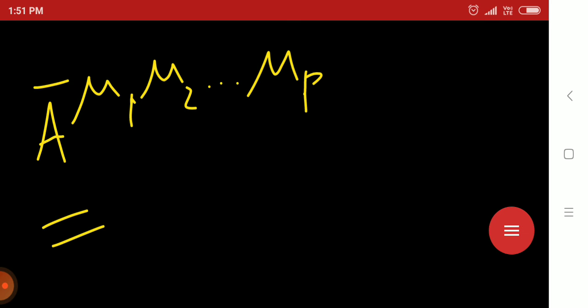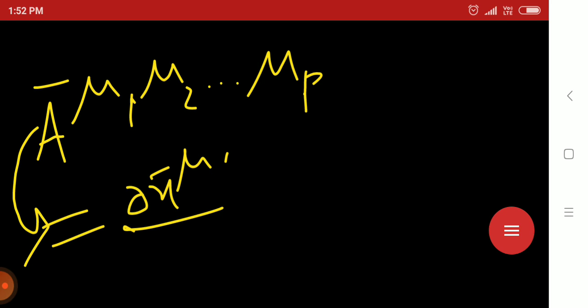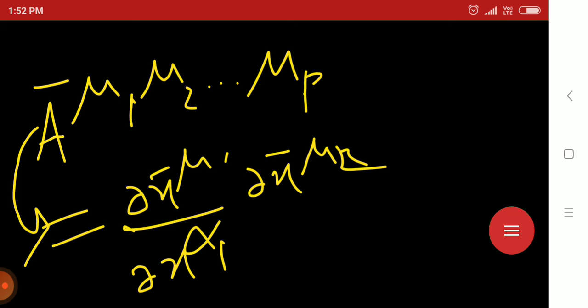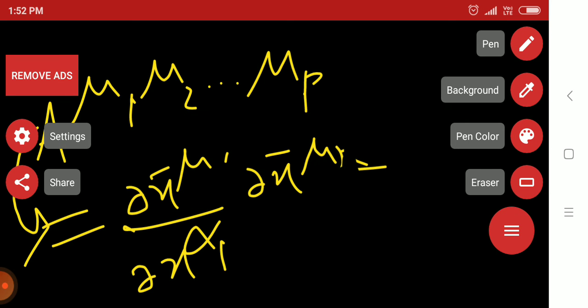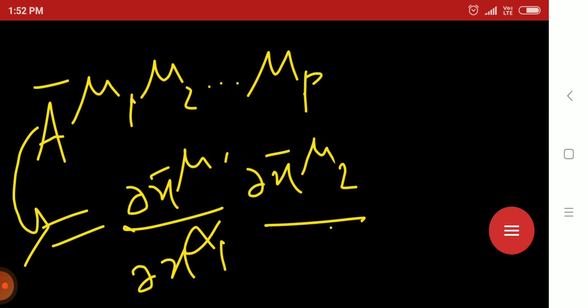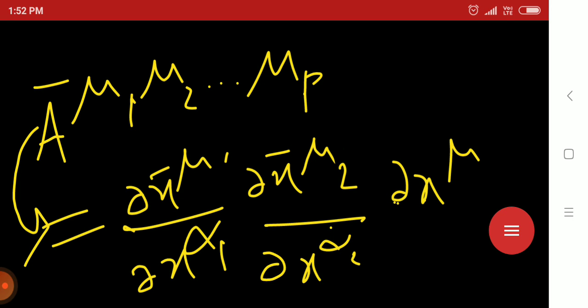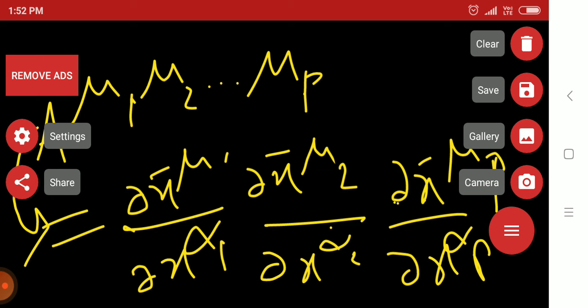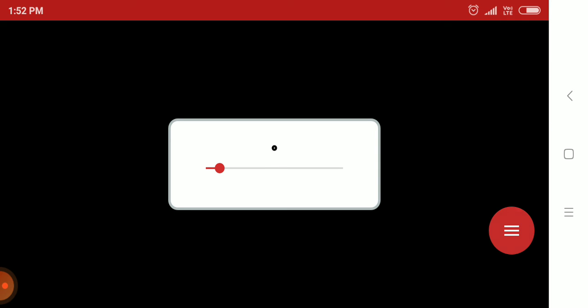There are p free indices, so in contravariant formulation we can denote it as ∂x̄^μ1/∂x^α1, ∂x̄^μ2/∂x^α2, up to ∂x̄^μp/∂x^αp. Here it is not fitting totally, so I am writing it small.